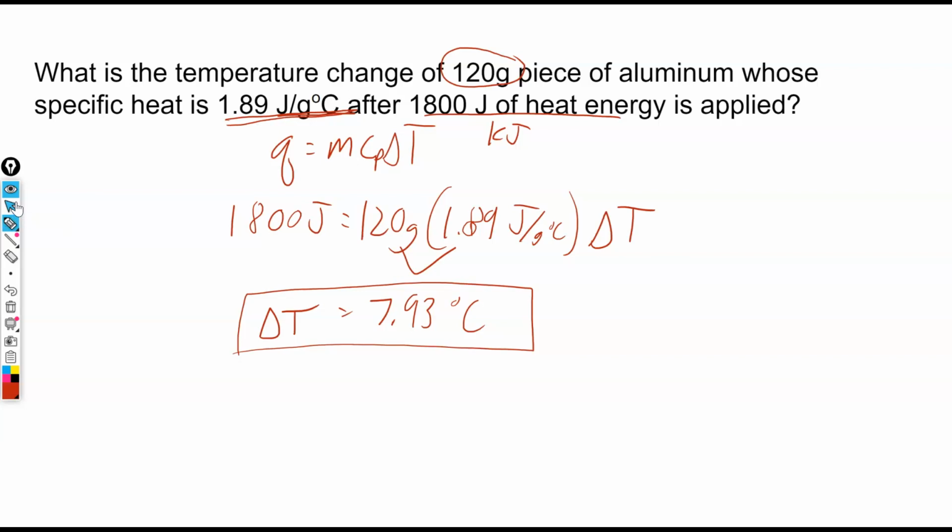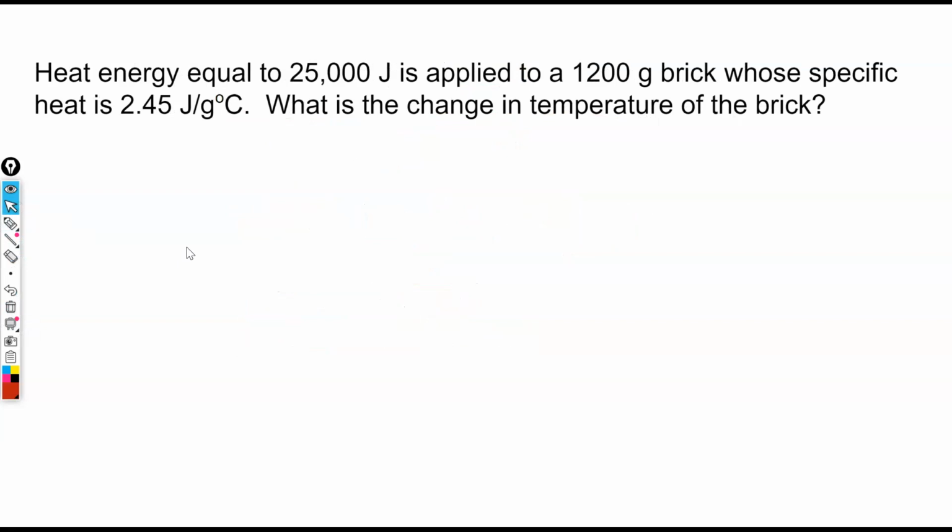Let's look at another one. Let's say heat energy equal to 25,000 joules is applied to a 1200 gram brick, whose specific heat is 2.45 joules per gram degree Celsius. What's the temperature change of the brick? We're going to use Q equals m c delta T, and we're solving again for that change in temperature. So let's plug in everything. We know it's 25,000 joules.